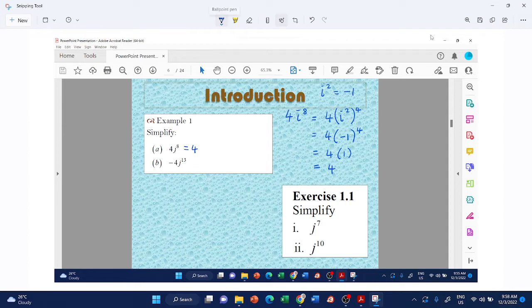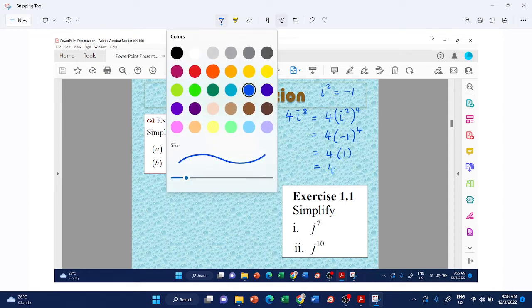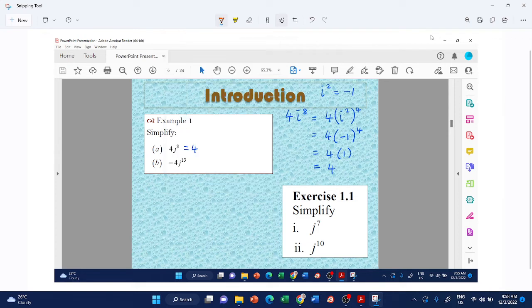Okay, let's see for B. For B, it's negative 4, J power 13. Now, how do we simplify it? How we can make it the power? How about J power 13?